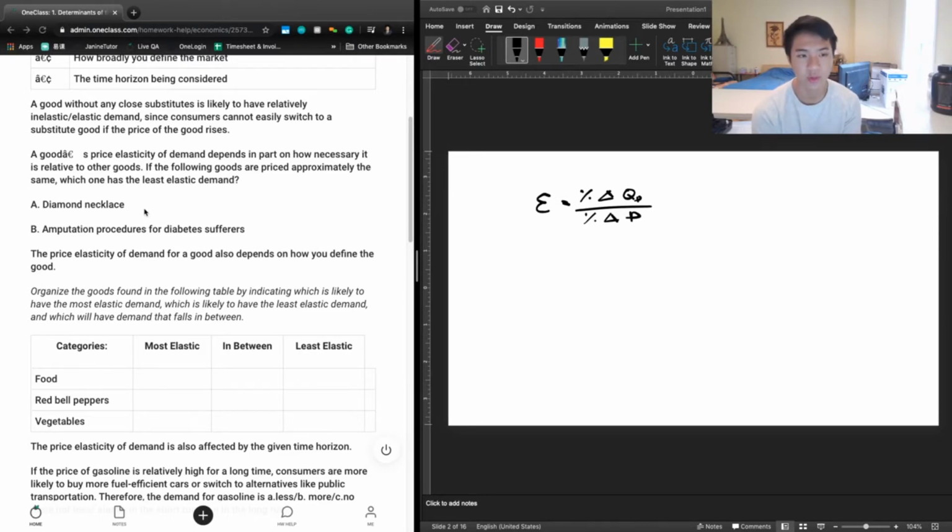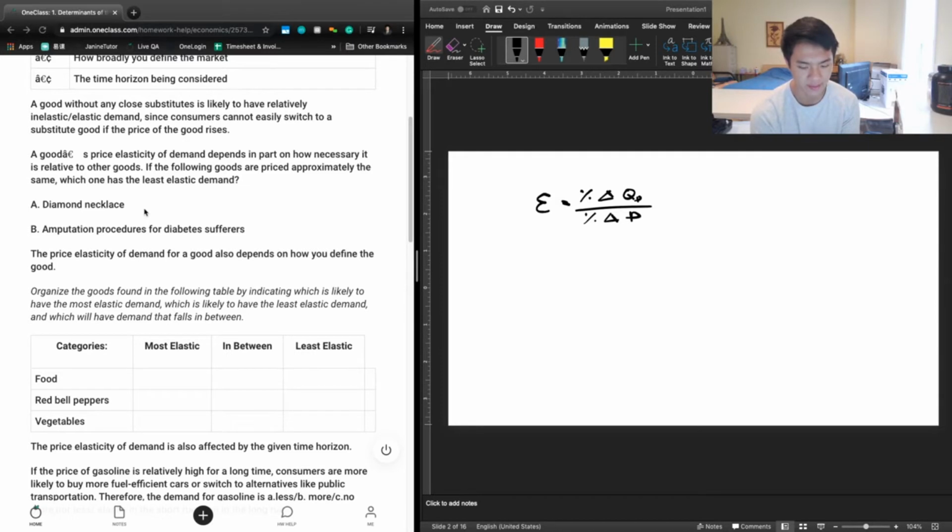And so we're looking for which one of these would a price change not really have an effect on the quantity demanded. And we would most likely say that for diamond necklaces, maybe there's elastic demand, maybe there's inelastic demand, depending on what the price is. For B, amputation procedures for diabetes sufferers, that's something that we would say definitely has inelastic demand.